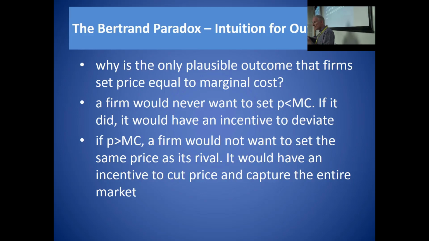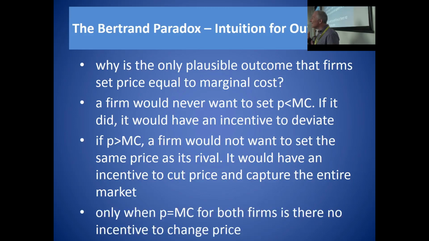So again, any price in excess of marginal cost, where the firms charge the same price, absolutely cannot be a Nash equilibrium, because there's an incentive to deviate. If there's an incentive to deviate, it isn't a Nash equilibrium outcome. So what we've done now is we've excluded all the possibilities, and the only other possibility left is when both firms are charging a price equal to the marginal cost of production.